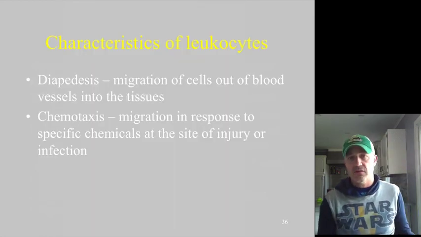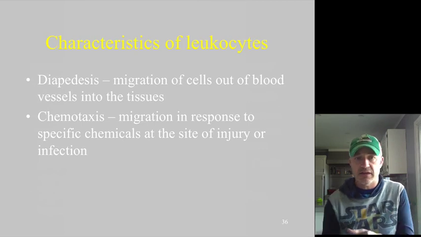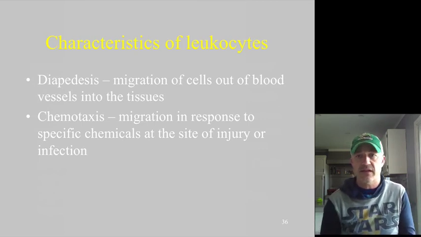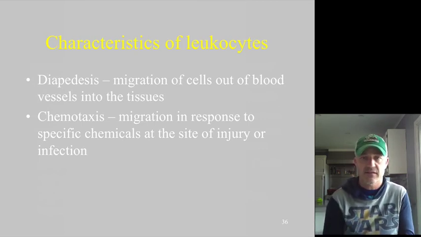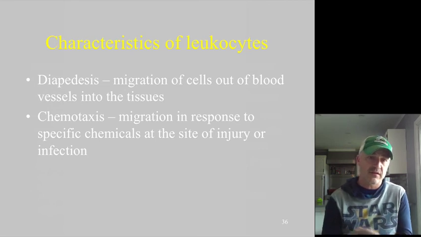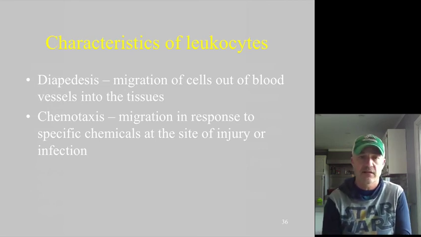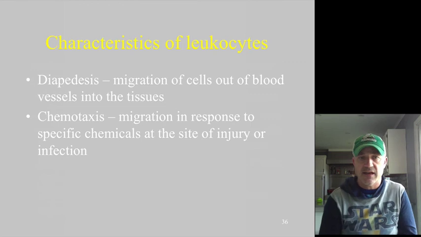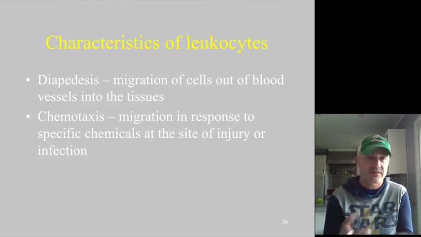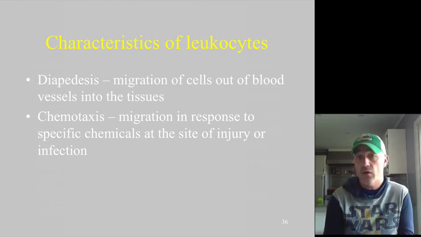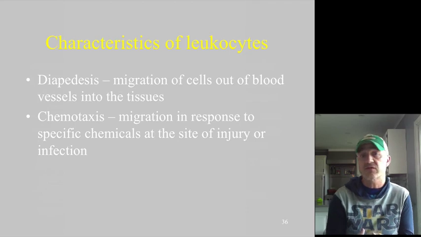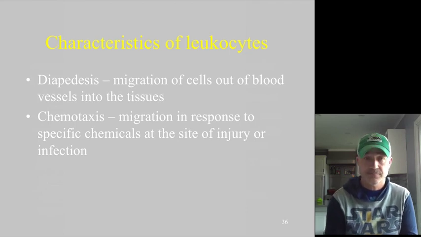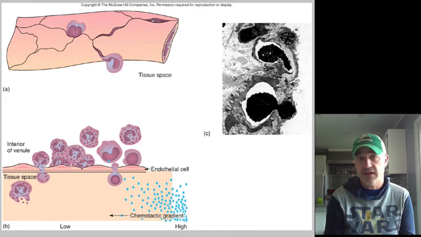But again, we need to know that they can be in the bloodstream and make their way out. So again, that was that process of diapedesis. Well, first you have margination, where these cells roll along the side of the vessel. They then take that exit, that diapedesis, and then will follow those cytokines to an injury or an area of infection where the immune system's calling them. And this you can kind of see here.